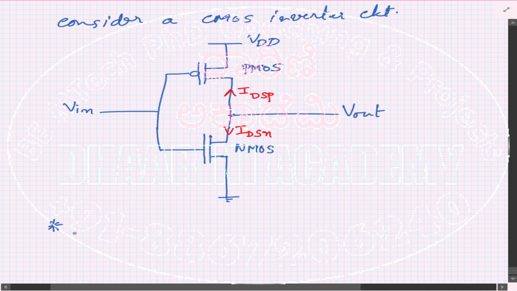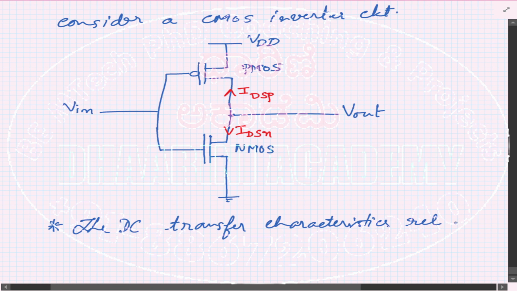The DC transfer characteristics relate the output voltage to the input voltage of any device.